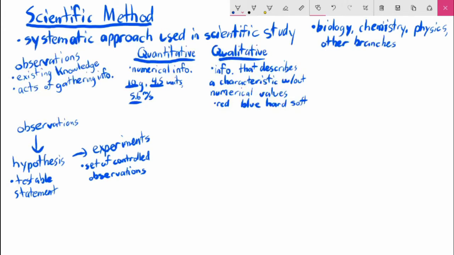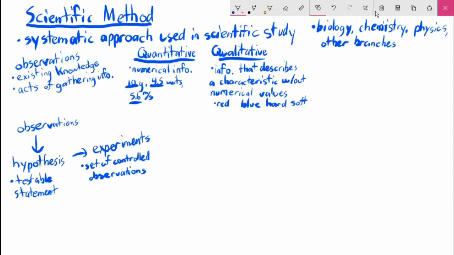Observations and experiments are not that different. Observations are the information that forms the reason. Experiments are the methods to gather information to prove or disprove the hypothesis. The observations are the information that make the hypothesis.